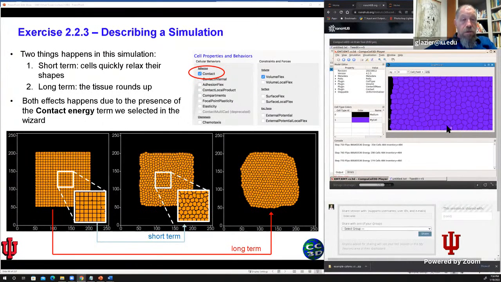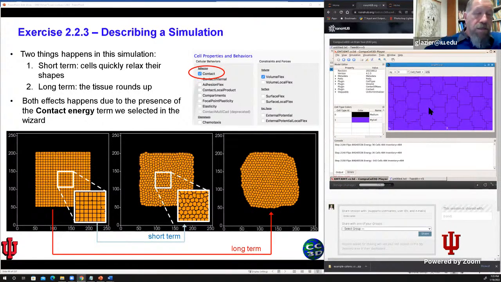This is exactly what we were talking about: the probabilistic, stochastic relaxation of the pattern to reach a state that corresponds to the optimum under the constraints that we've specified. If I zoom in, you can see that there are some fluctuations, but the basic geometry doesn't change too much.